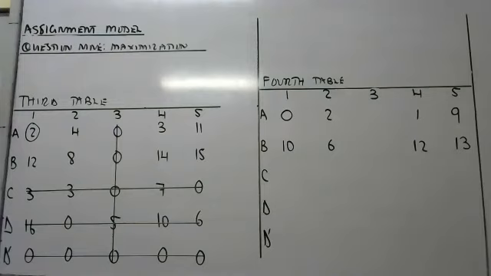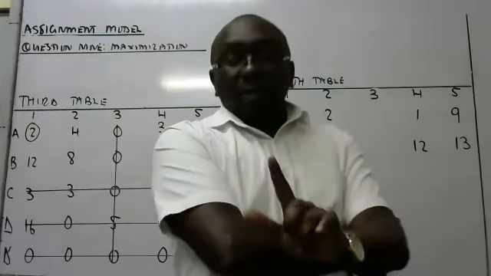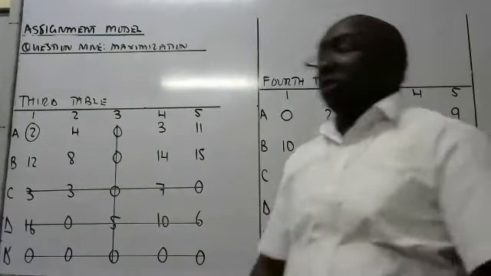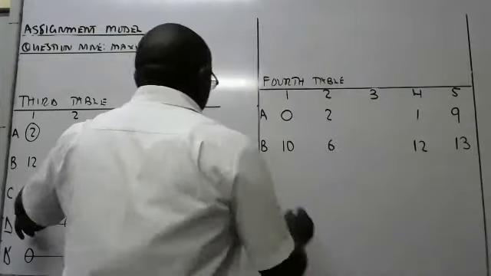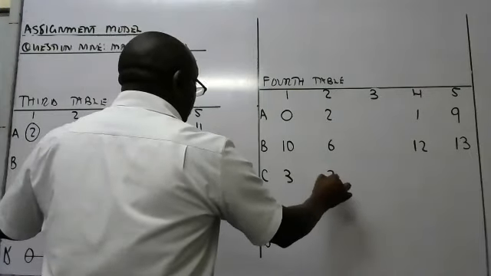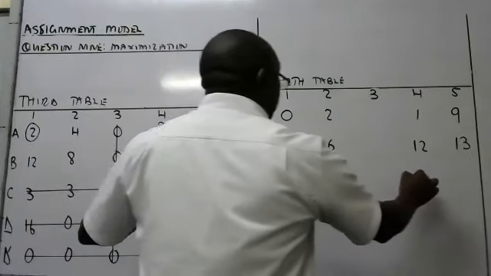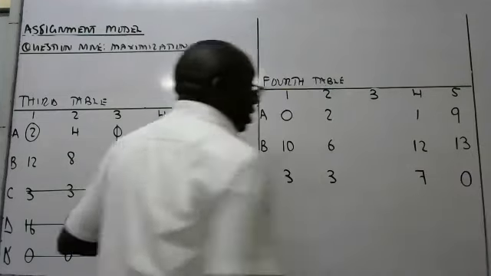Then any value that is touched once, you retain it. Let's start with C. I retain 3 here. Then I retain 7, and I retain 0.